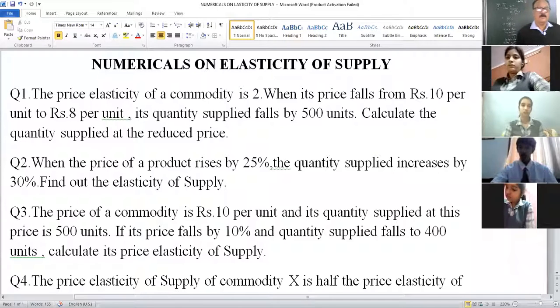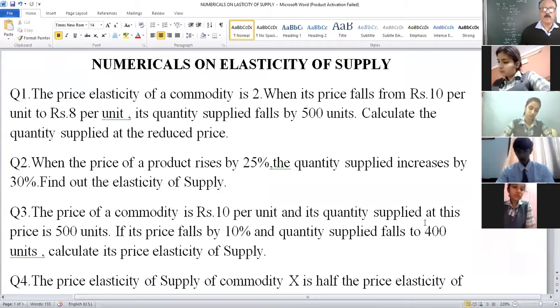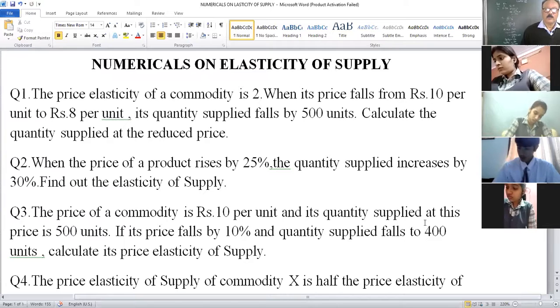Take down question number 2. When the price of a product rises by 25%, the quantity supplied increases by 30%. Find out the elasticity of supply.